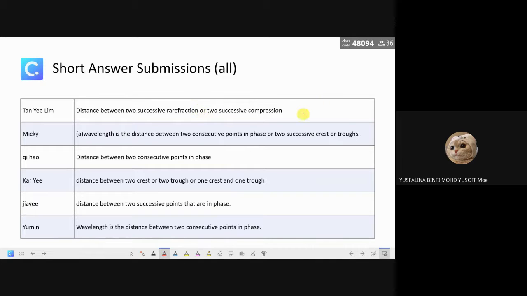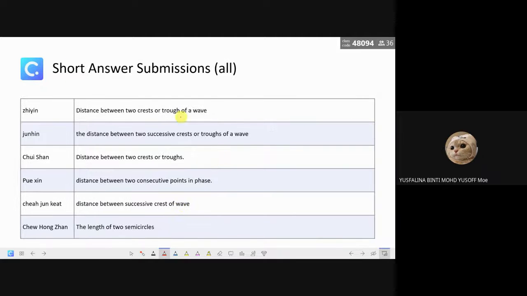Okay, this one means for the sound wave, right? Mm, okay. Most of you got it correct.